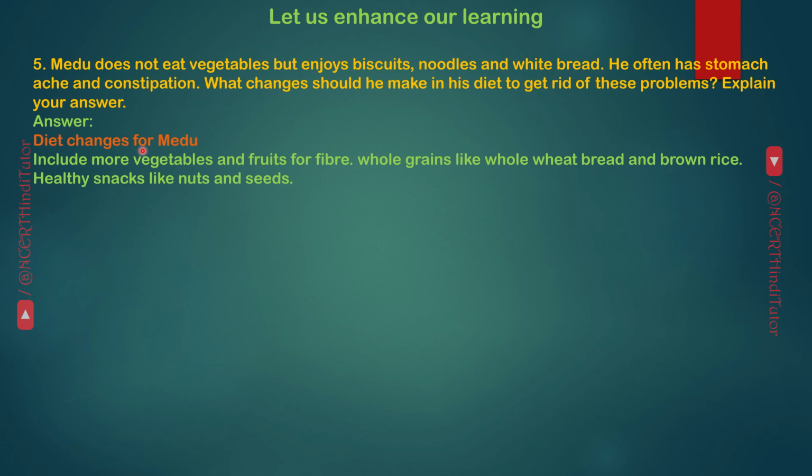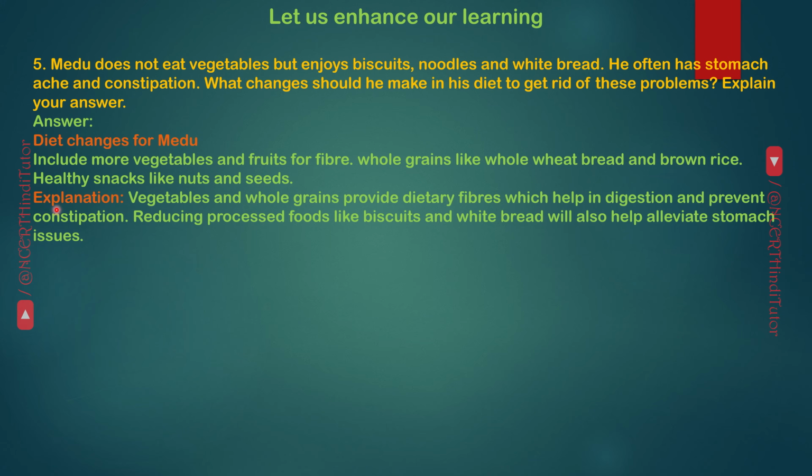Answer: diet changes for Medu include more vegetables and fruits for fiber, whole grains like whole wheat bread and brown rice, healthy snacks like nuts and seeds. Explanation: vegetables and whole grains provide dietary fibers which help in digestion and prevent constipation. Reducing processed foods like biscuits and white bread will also help alleviate stomach issues.